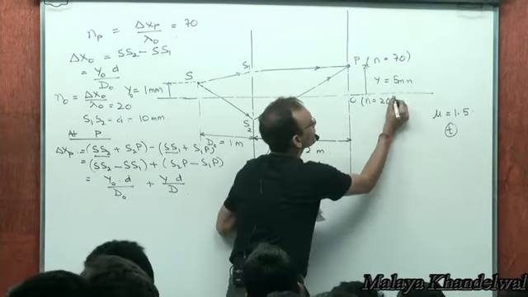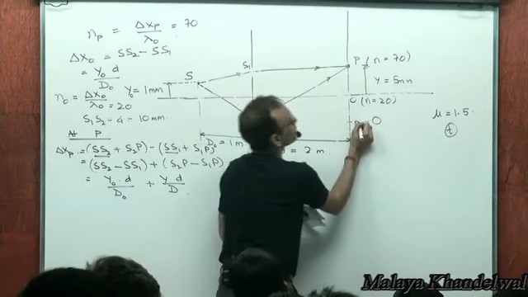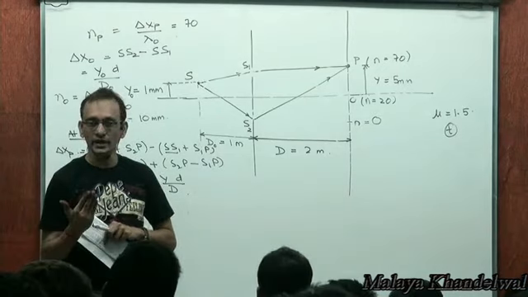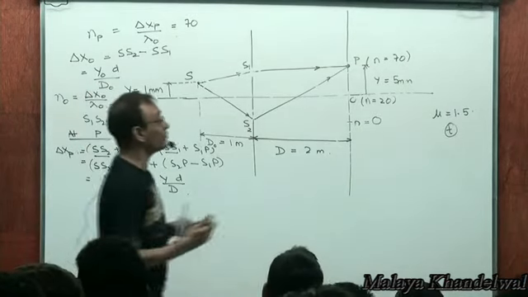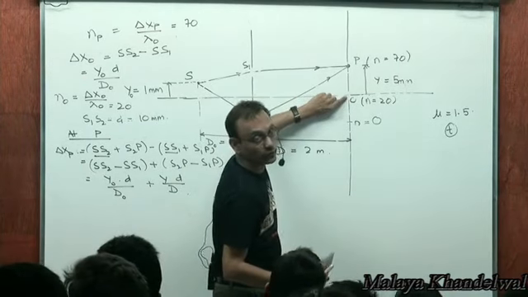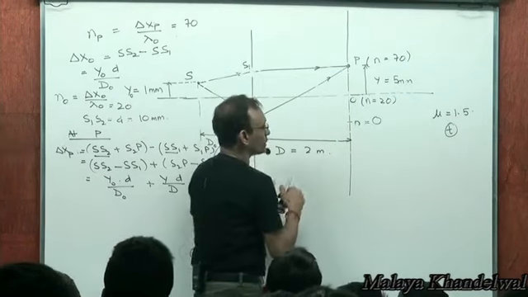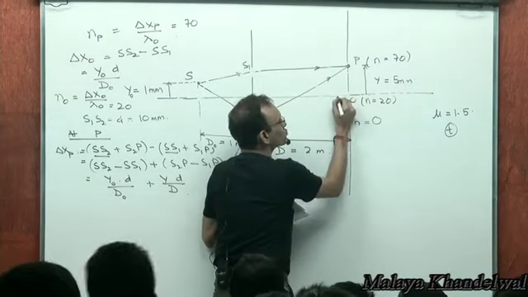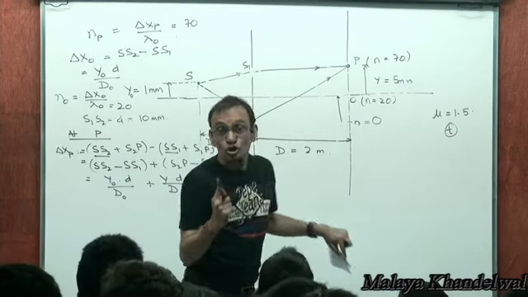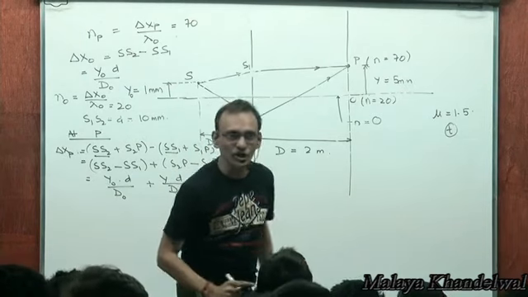This n equal to 0 must have been somewhere here before I did anything in this arrangement, right? Now what is it that I'm wanting to do? I'm wanting to shift this to O. That means I want to move the entire fringe pattern upwards. By what amount? Between n equal to 0 to n equal to 20, the vertical difference is 20 times the fringe width, yes or no?